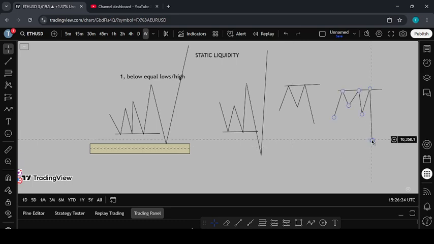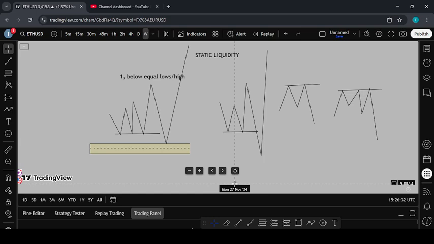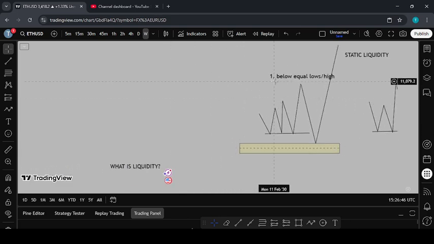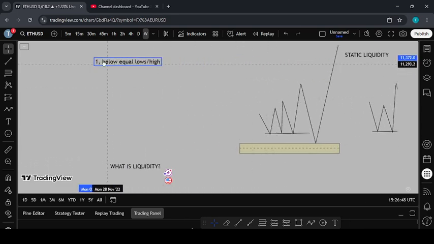So we want to be able to identify these zones. These are one area where liquidity is resting. Now above swing highs and swing lows of daily candles, like we've explained, for example, okay, let me put this right here.